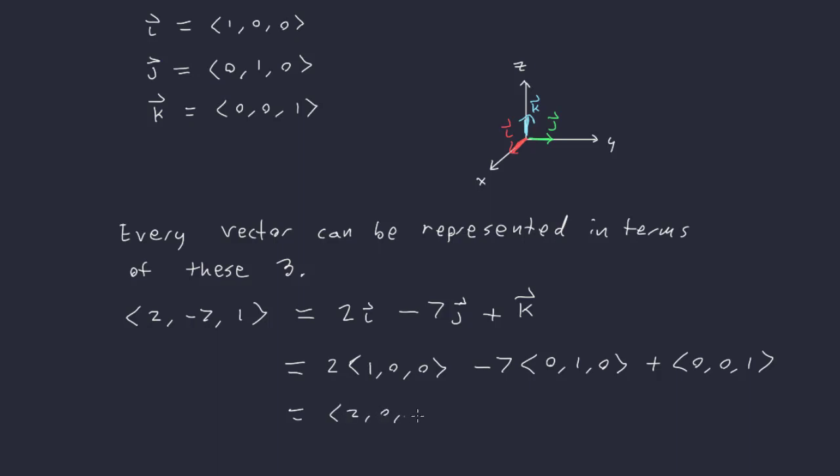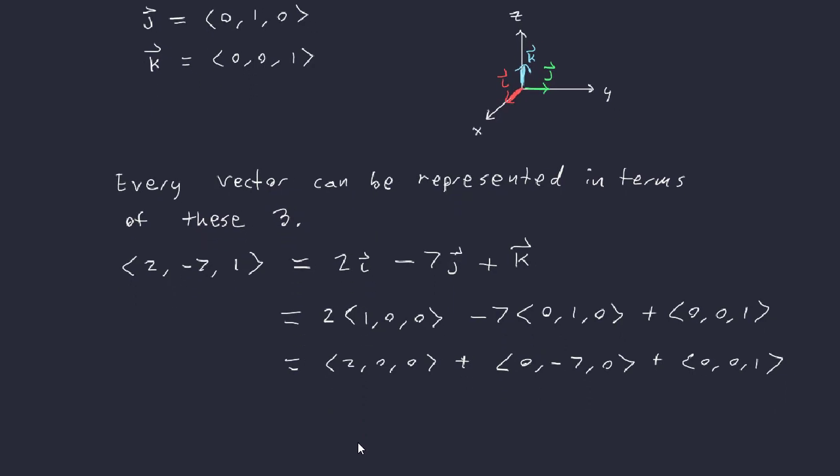This will be the vector 2, 0, 0, plus the vector 0, -7, 0, plus the vector 0, 0, 1. And now when we add these, we just combine all the components, component-wise, and since there are zeros in most of these, we'll just get the vector 2, -7, 1.